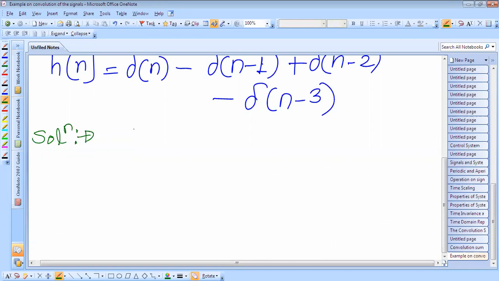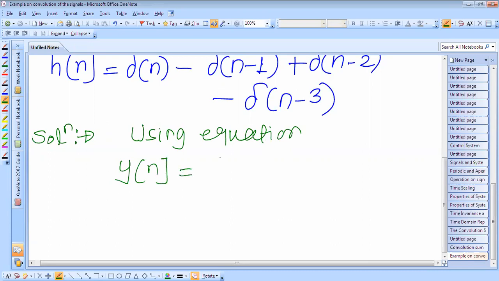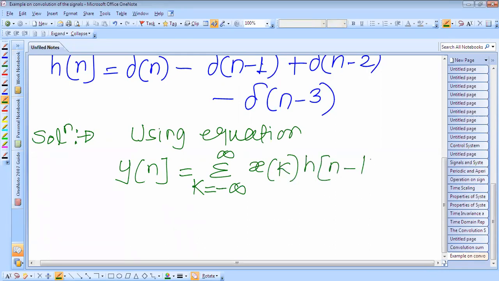Okay, so the solution is, we have to find the solution using the equation y of n, that is the output, is equal to summation k equal to minus infinity to infinity x of k into h of n minus k.